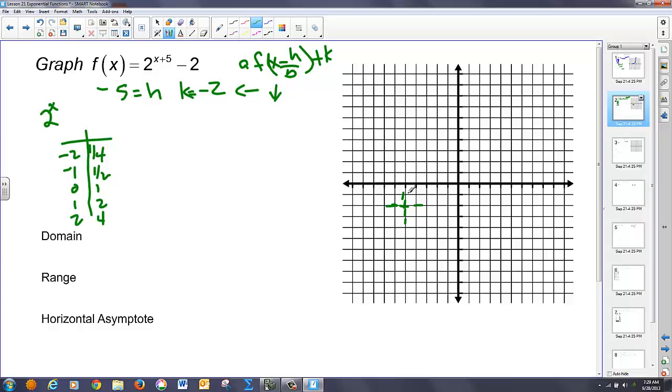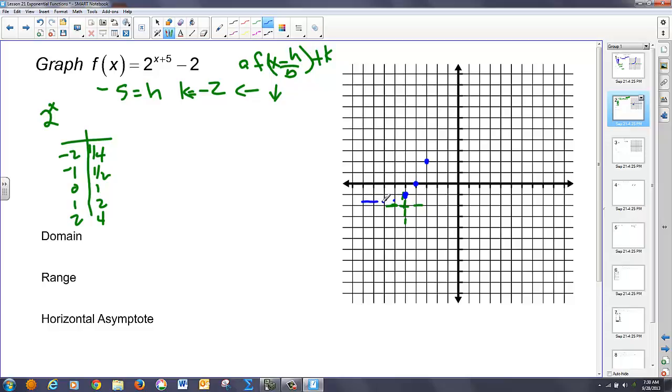And I'll do all that graphing from this new point down here. So (0, 1) puts me at this point. (1, 2) puts me at this point. (2, 4) up here. (-1, 1/2), (-2, 1/4).